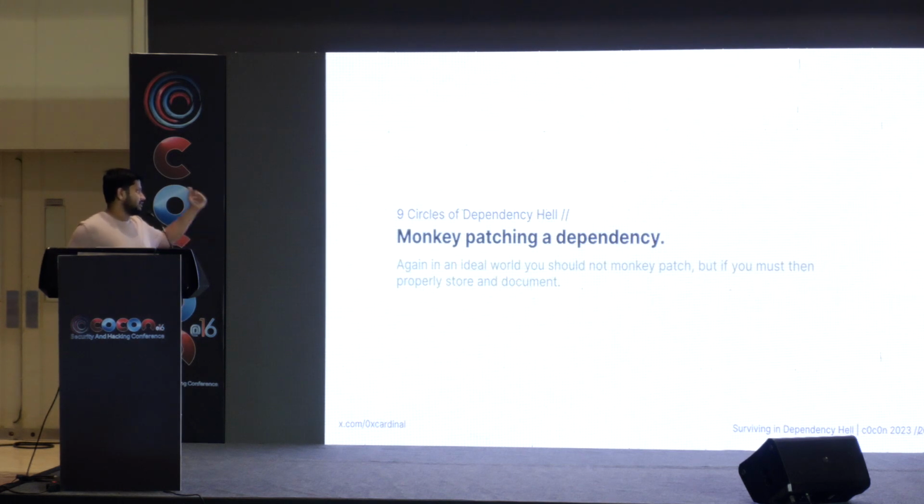So again, in an ideal world, you should not monkey patch, but we don't live in an ideal world, and we do monkey patches and try to improve the dependencies to cater to our project. Then we must store and document these properly in a separate folder where the monkey patches are, and link it like that.